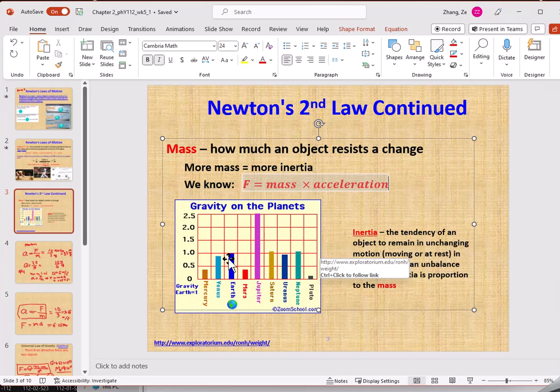See, the Earth is blue, this much, 1.0, which means we have 9.8 meters per second squared acceleration due to the attraction. But Mars has smaller gravity. If I ask you which one has more mass, Mars or the Earth?